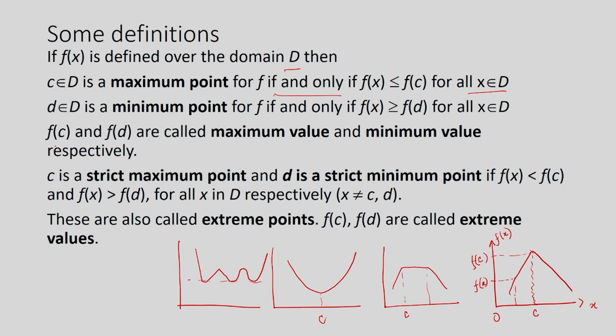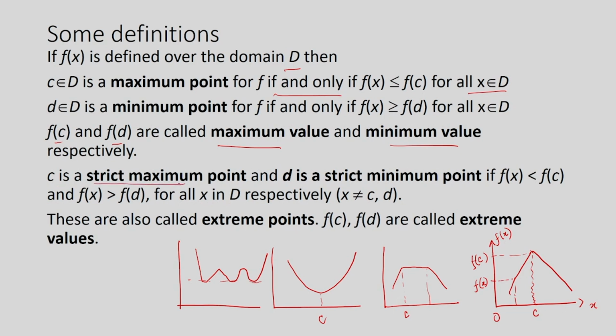So, f(c) and f(d), remember c and d are maximum and minimum points. So, f(c) is the value of the function at the maximum point, f(d) is the value of the function at the minimum point. These are called, in short, maximum value and minimum value respectively. Okay, these are cases of maximum point and minimum point. Then we encounter the definition of strict maximum point.